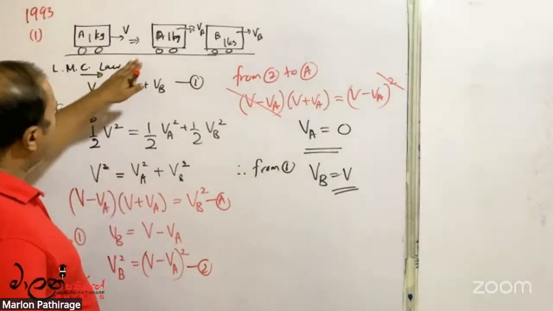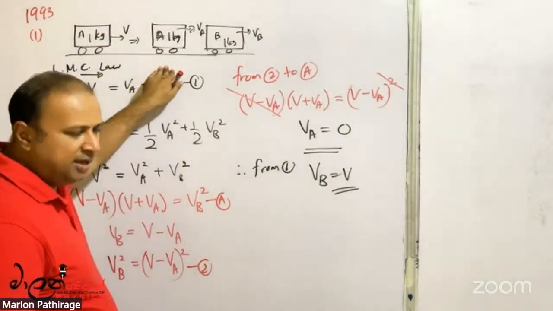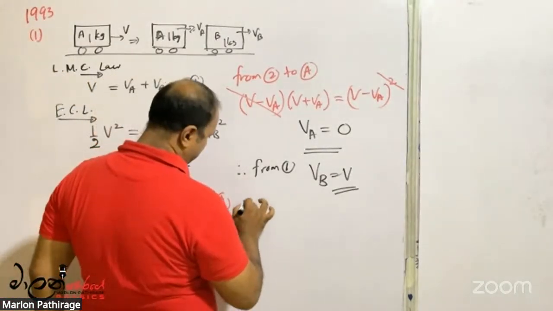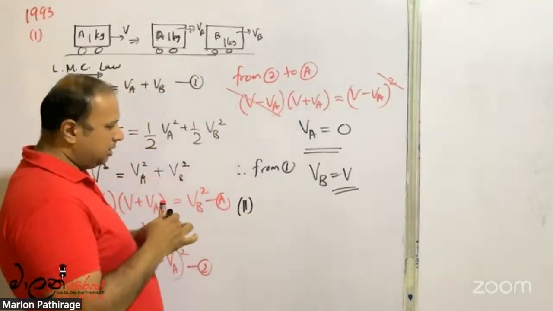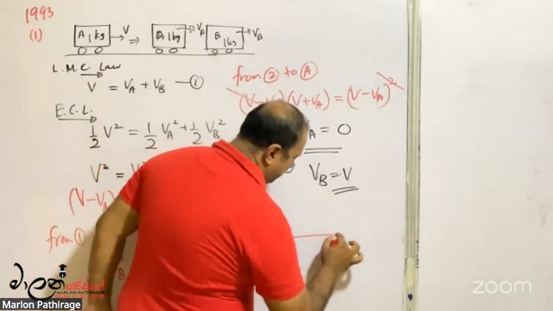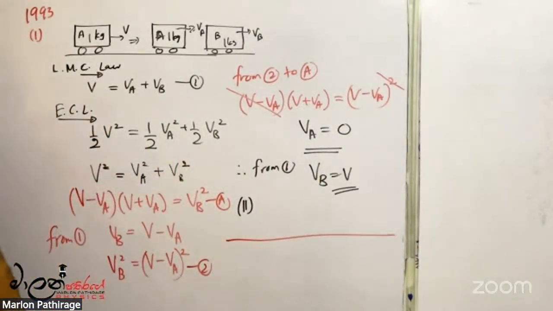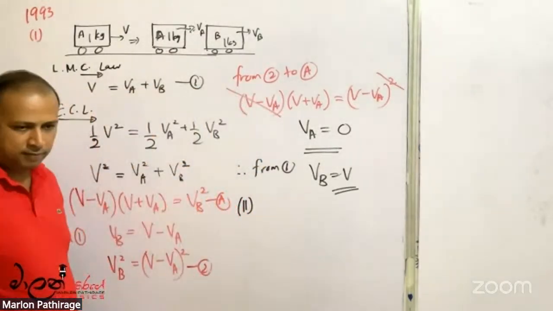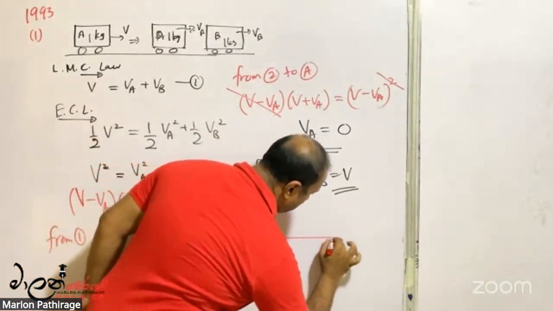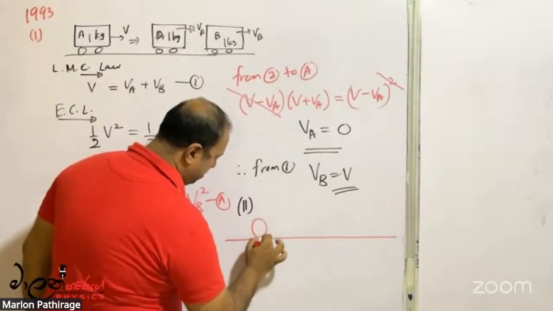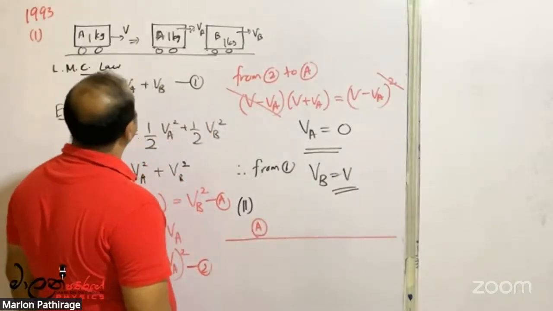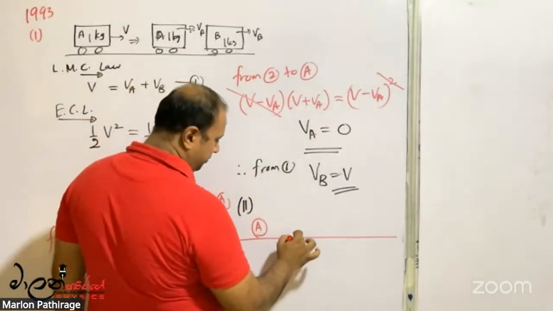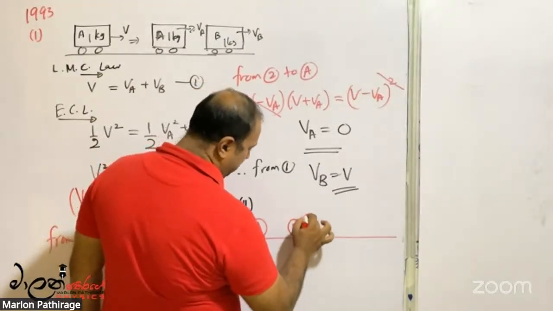Now you know va is 0, therefore for question number 2, A will be at rest. Then B moves into C with the velocity of v.